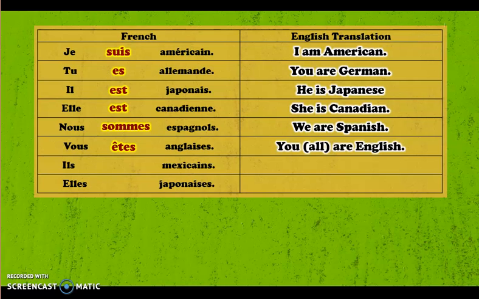You all or you are English. Ils, with an S, third person plural, so I'm going to say ils sont mexicains. They are Mexican. And elles, with an S, again, is elles sont japonaises. They are Japanese. Okay, so there you go.